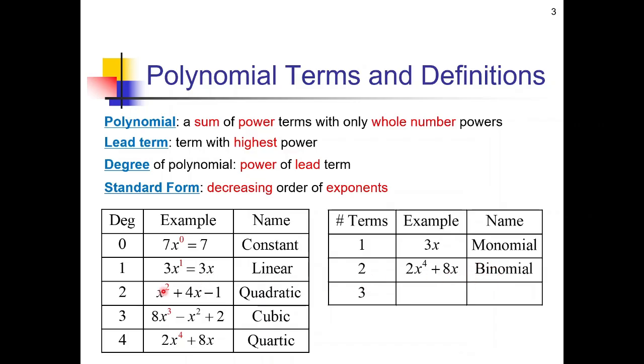And then, of course, this three-termer here that was a quadratic, we can call that a trinomial. If we want to get really fancy, we can combine these two names to be specific about what we're talking about. For example, this expression in here, we could call this a quadratic trinomial. We could call this one, this 2x to the fourth one, a quartic binomial, and so on and so forth.